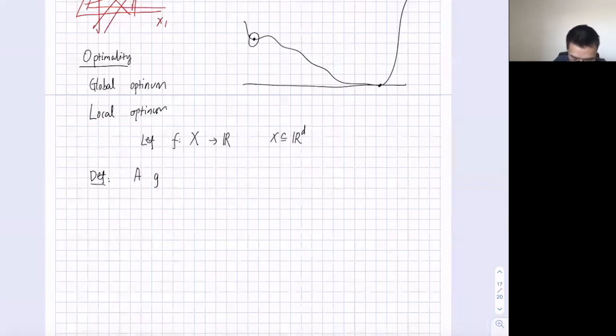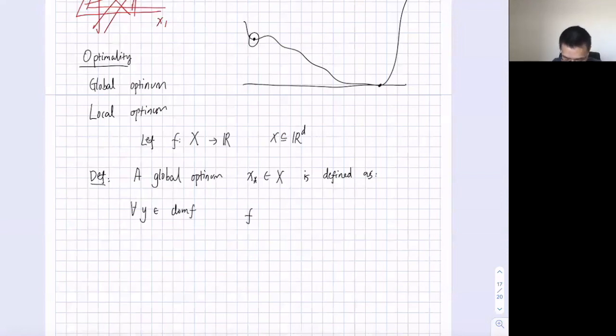A global optimum, so when we talk about optimum, we talk about the solution, x star in X, is defined as: for any y in the domain of f, which is X, f of y is greater than or equal to f of x star. So this is X space, and this point is x star.